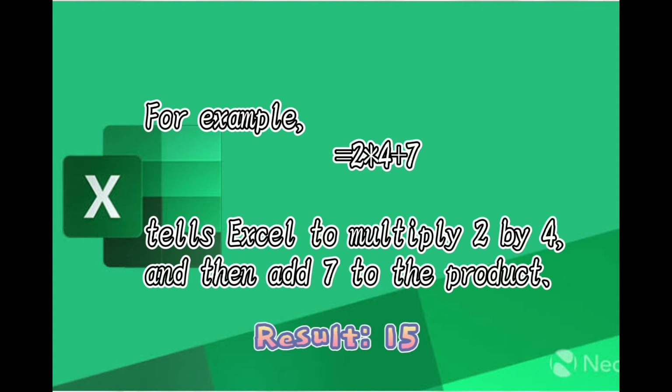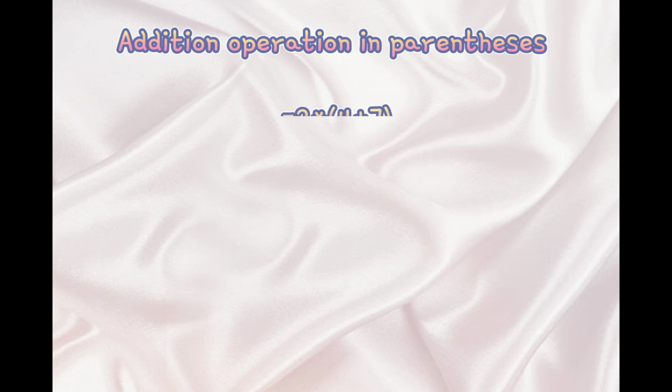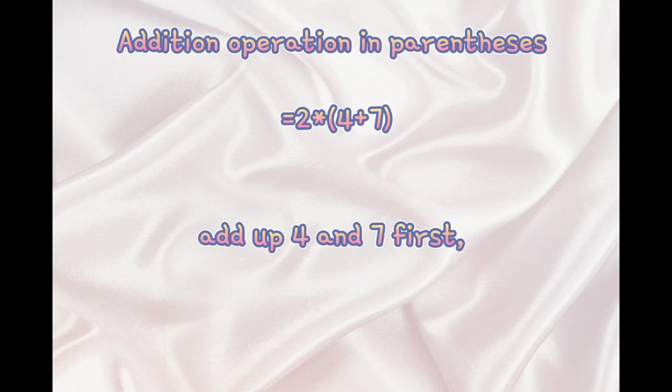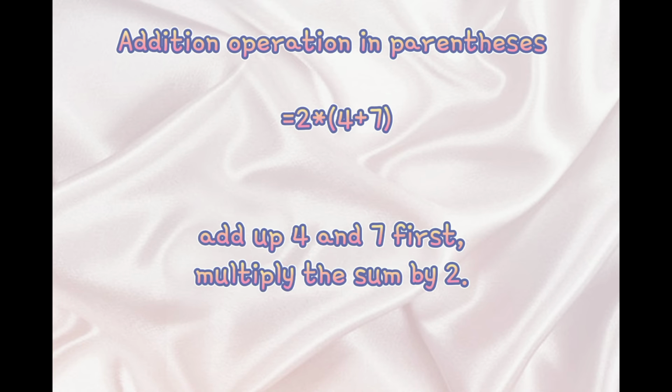The result of this calculation is 15. By enclosing the addition operation in parentheses, equals 2 times, open parenthesis, 4 plus 7, close parenthesis, you instruct Excel to add up 4 and 7 first, then multiply the sum by 2. And the result of this calculation is 22.